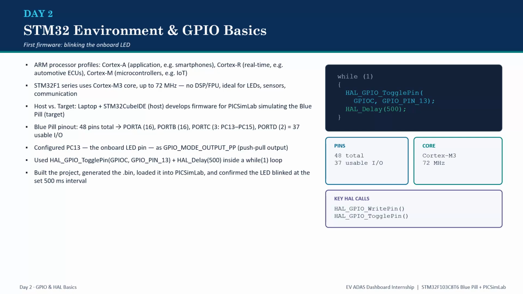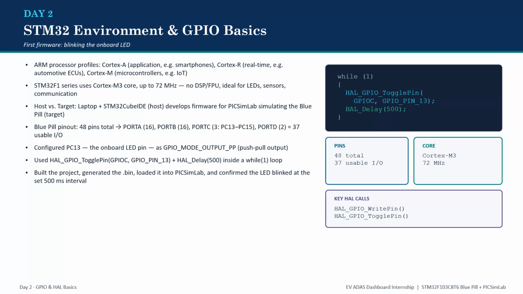For the actual exercise, I configured PC13, which drives the onboard LED, as a GPIO output in push-pull mode. Then in the main loop, I called HAL_GPIO_TogglePin on GPIO pin 13, followed by HAL_Delay of 500 milliseconds inside a while loop.